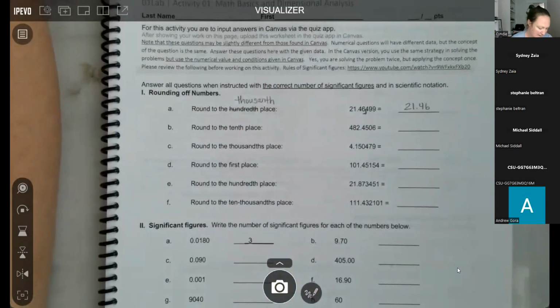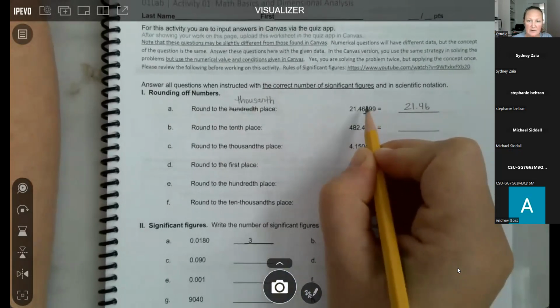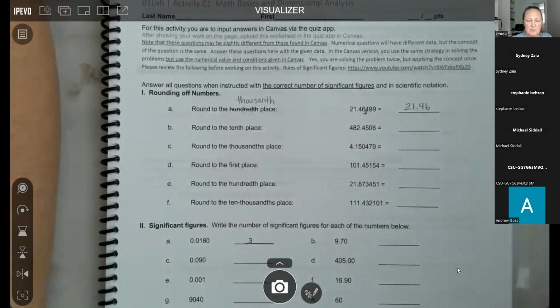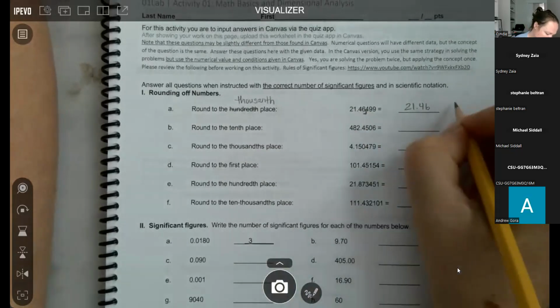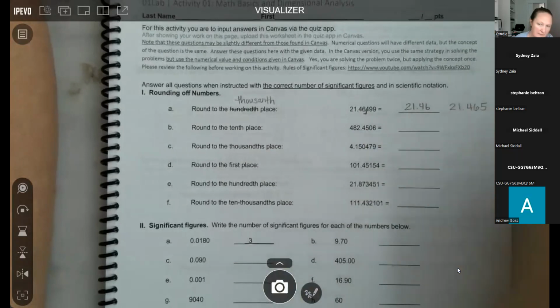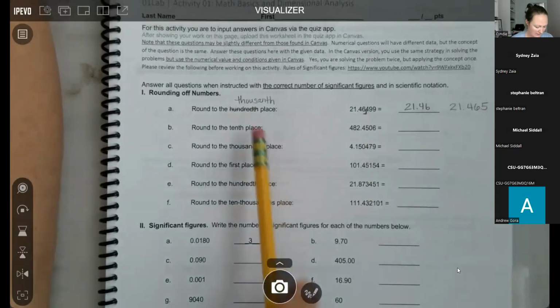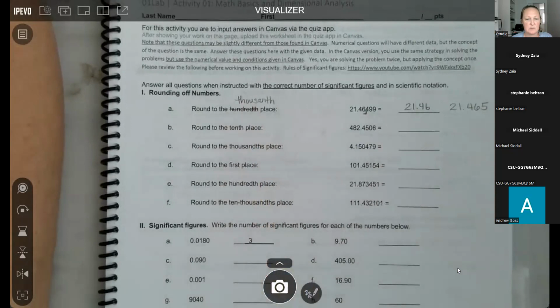If you're doing the 1000th, you would round right after the 4, the 9 would round the 4 up to a 5, and you would have gotten 21.465. So just make sure, if you got any wrong there, that you were rounding the way it said to do in Canvas when you're placing yours in there, but you can do it the way it says here on the actual paper.